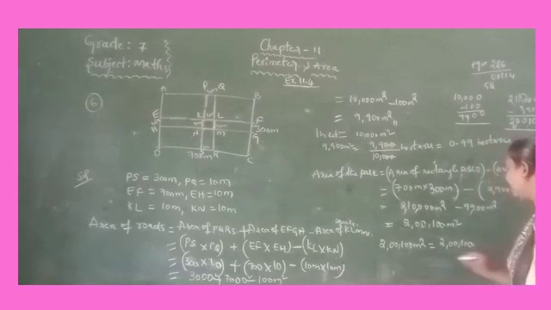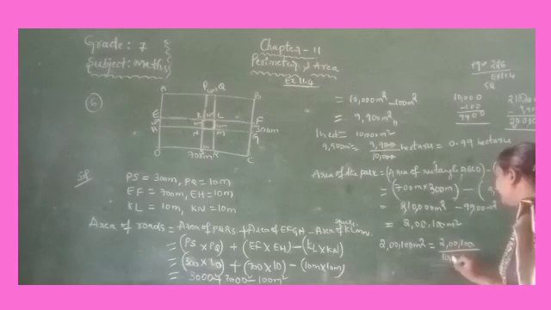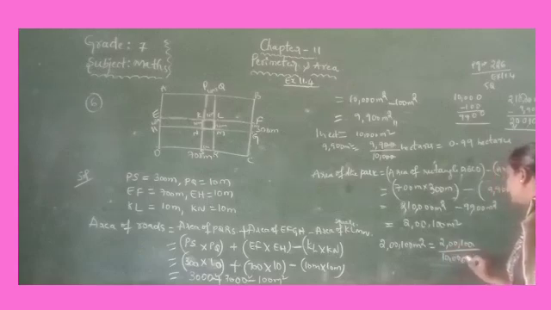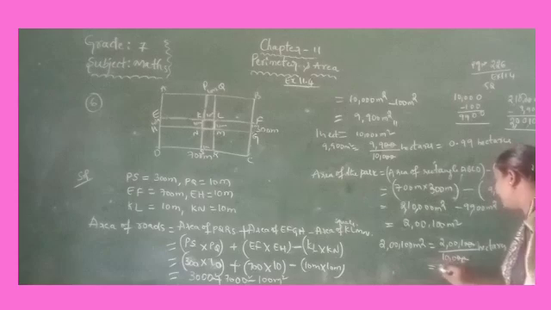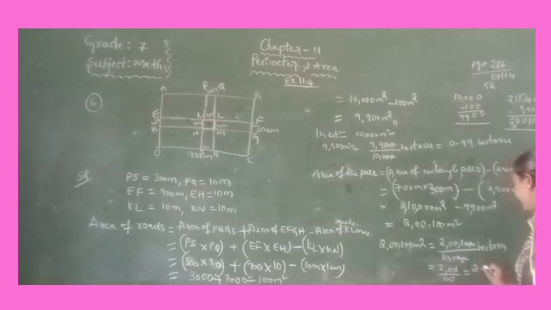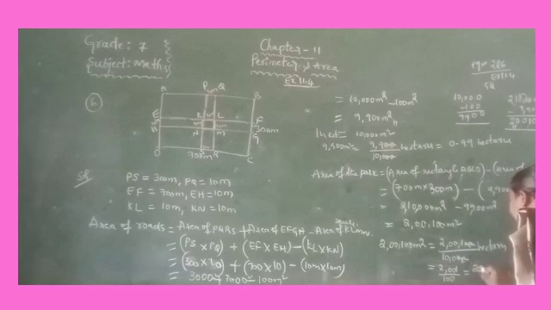Then 200,100 meter square is equal to how many hectares? Simplify the 2 zeros, then 2001 by 10. Write this one in decimal: 20.01 hectares.